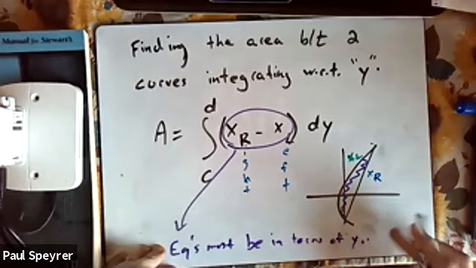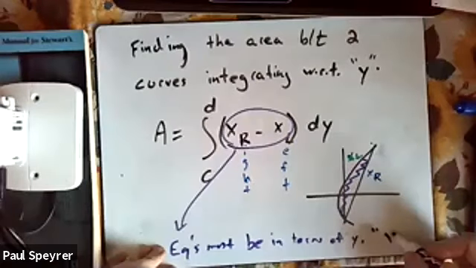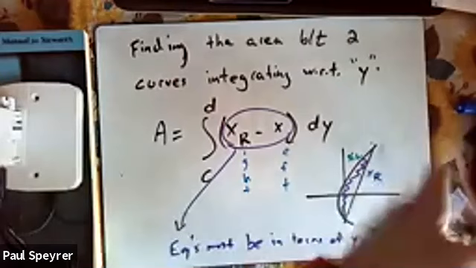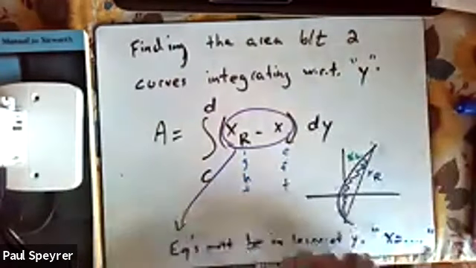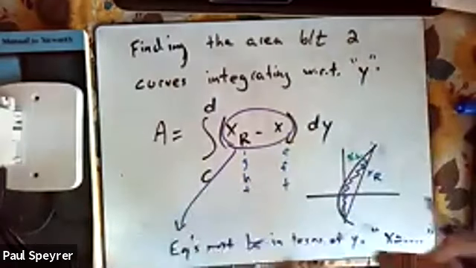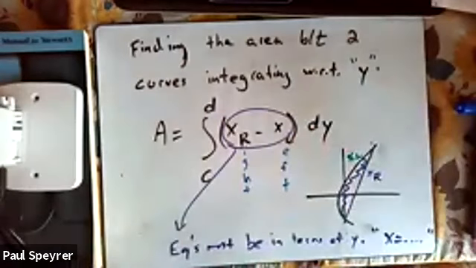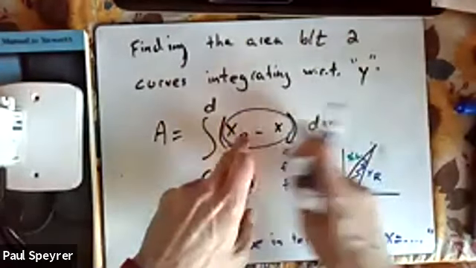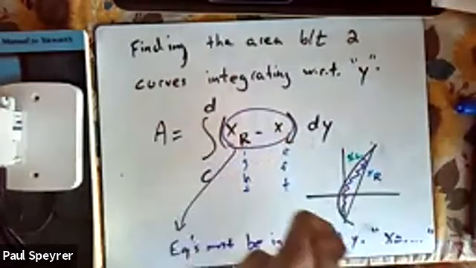It basically means to have x equals blah blah, like that. So remember when we were integrating with respect to x, all the equations were in terms of x, like y equals, and it was all just x stuff inside the integral. And this is the reverse. You have a bunch of y stuff in here. That's how that works out.